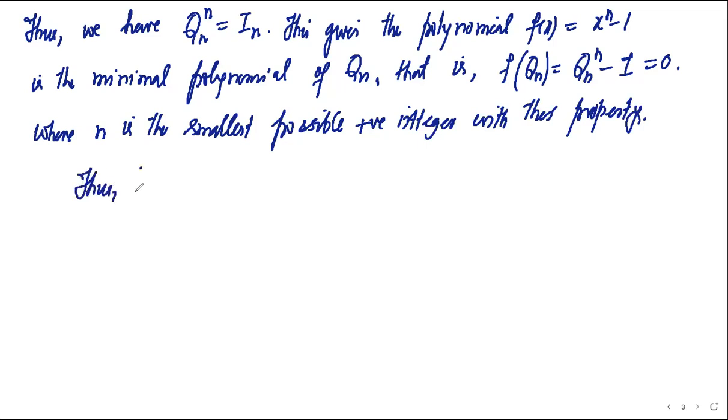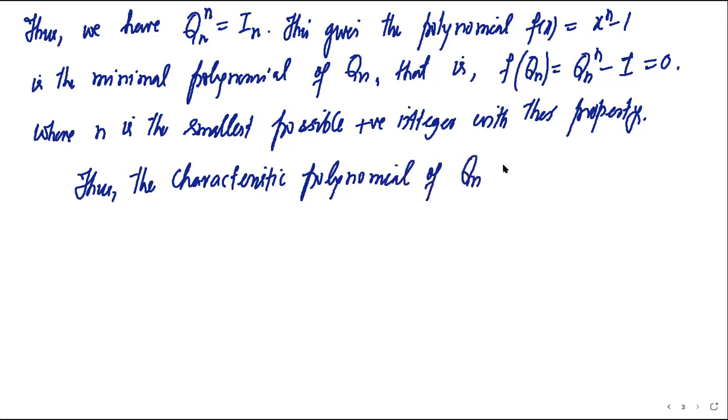So thus, the characteristic polynomial of Qn is C of x, which is equal to x power n minus 1.